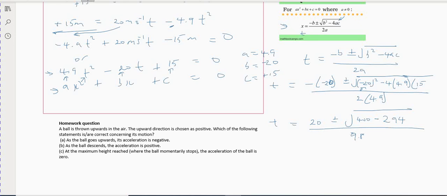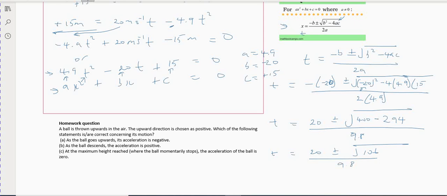Alright, so we have t is equal to 20 plus or minus, let's find the square root of the difference there. So 400 minus 294 would give me the square root of 106, all of that divided by 9.8.